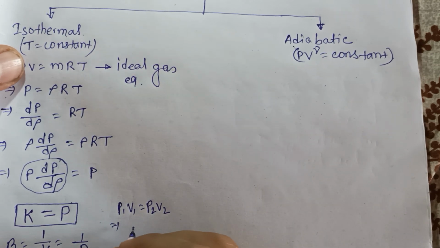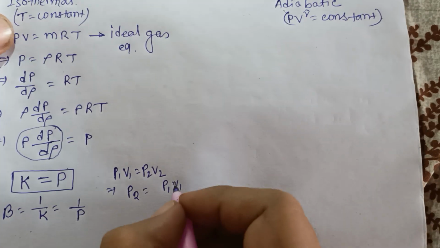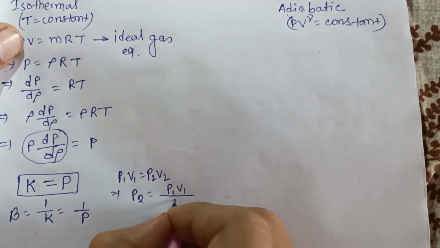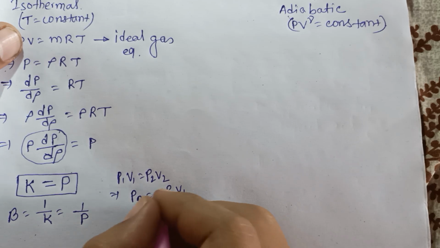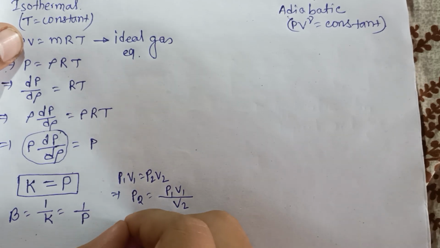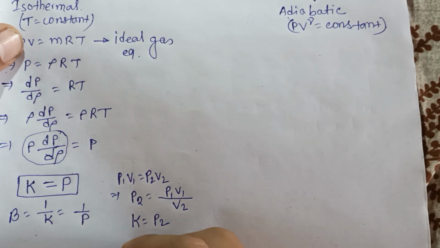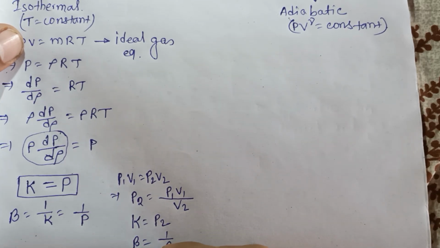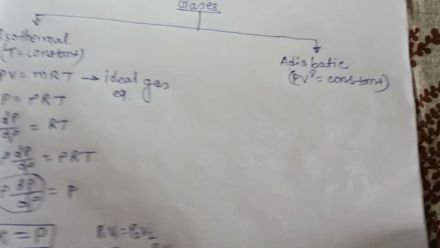So from here P2 equal to P1 V1 by V2. For that case, the bulk modulus is equal to P2, and the compressibility beta is equal to 1 by P2. Okay, so this is all about the isothermal case.